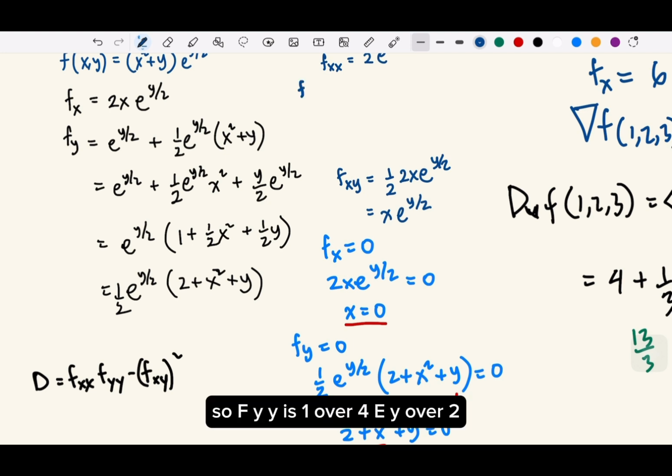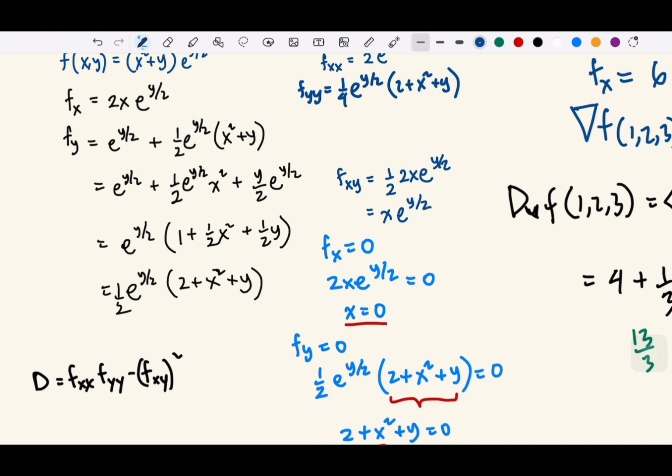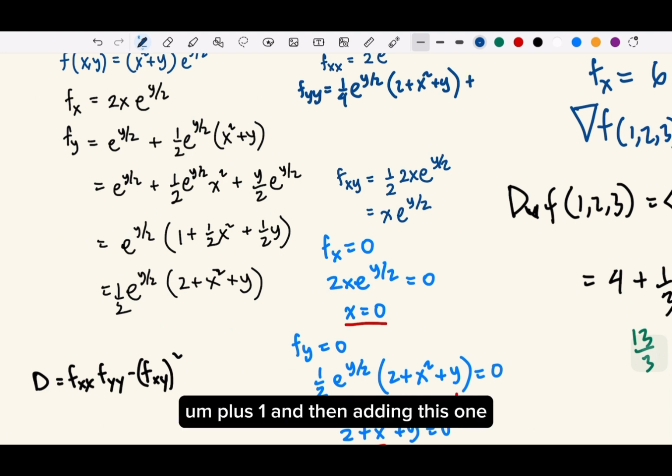So fyy is 1 over 4 e^(y/2), and then we write all this, and then plus 1, and then adding this one, using the product rule, and then simplified.